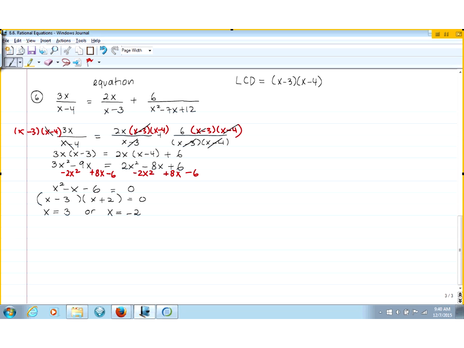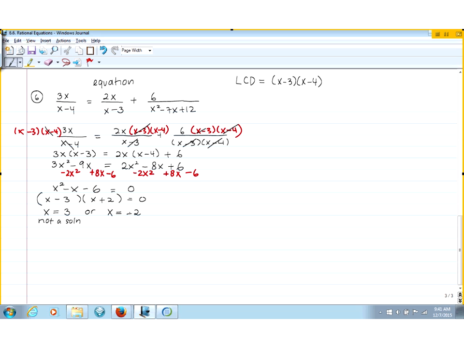Are both solutions? Is 3 a solution? Yes or no? No, why not? 3 minus 3 is 0, so this is not a solution.